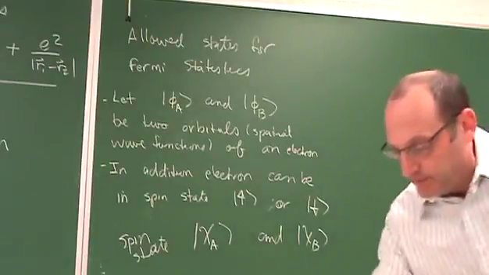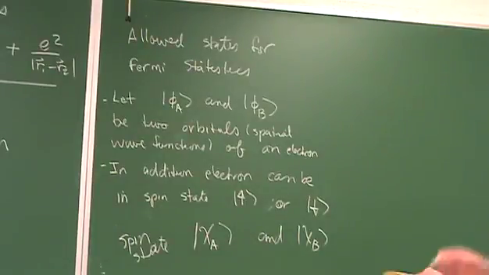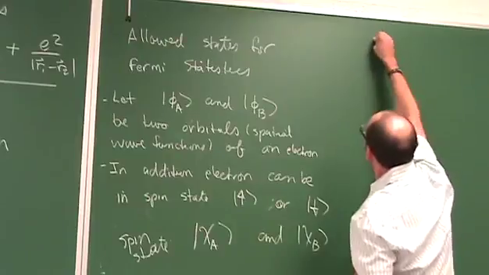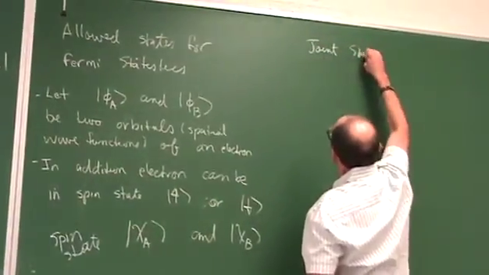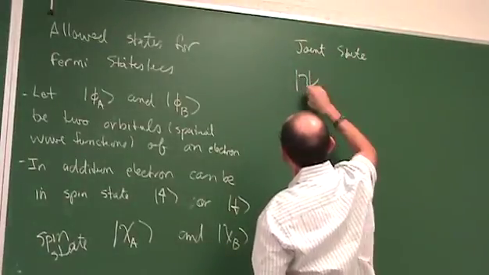And now, what do we have? Well, let's write down the joint state of the two electrons.